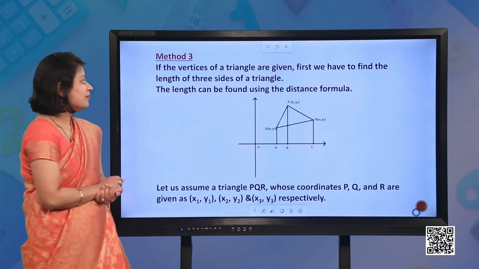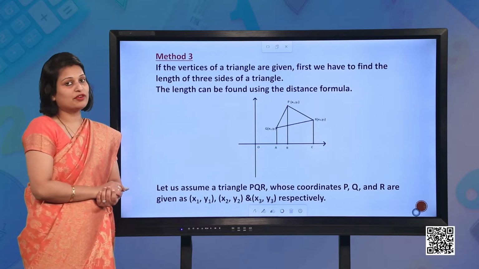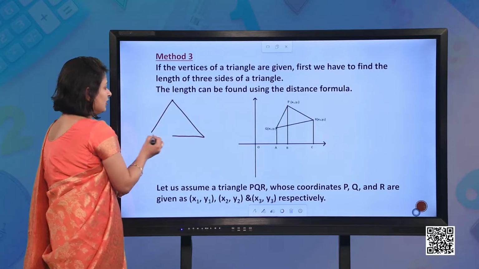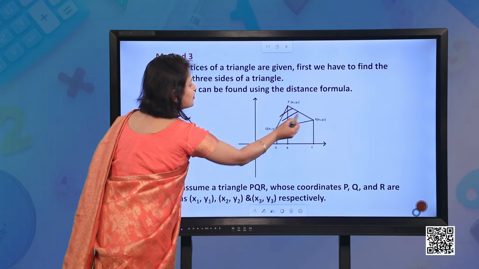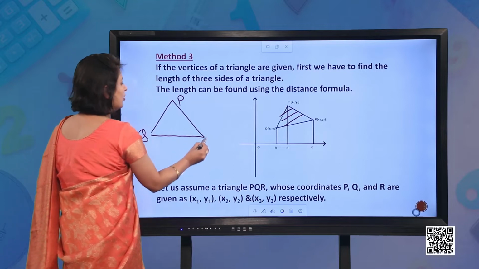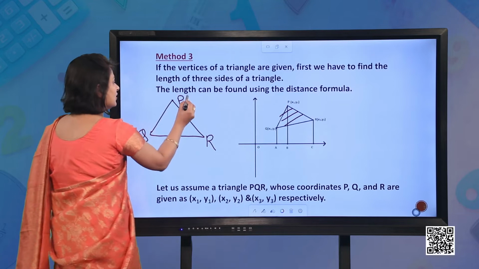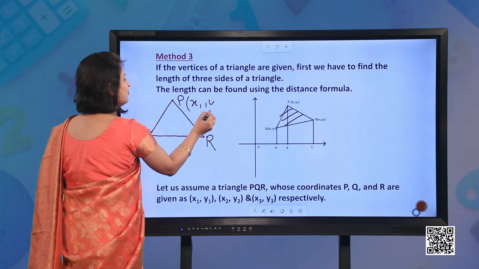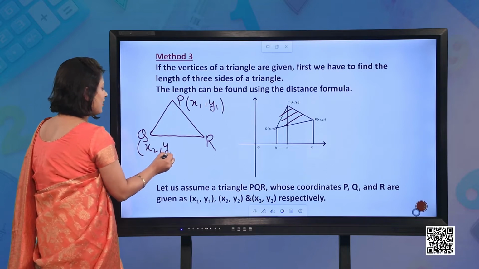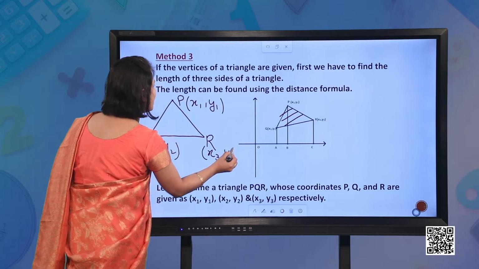Now method 3. If the vertices of a triangle are given. Suppose I have a triangle, as you can see over here, this is triangle PQR, and you know the vertices: P as x1, y1, Q as x2, y2 and R as x3, y3.